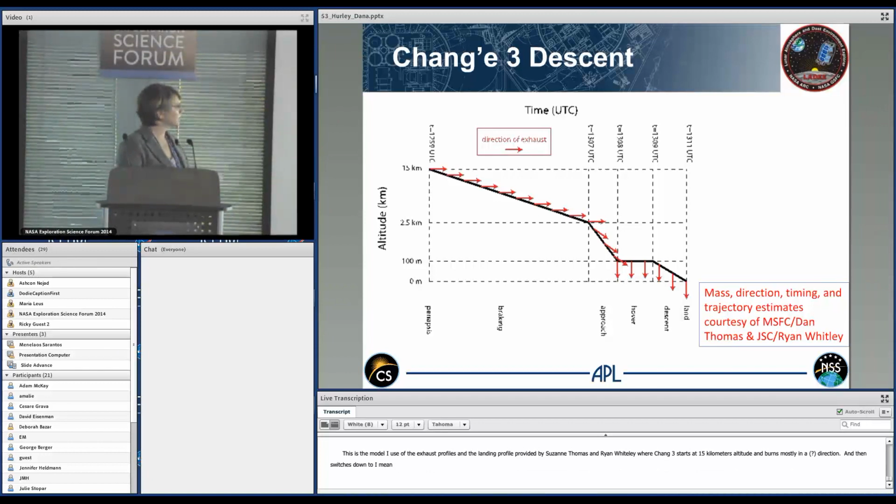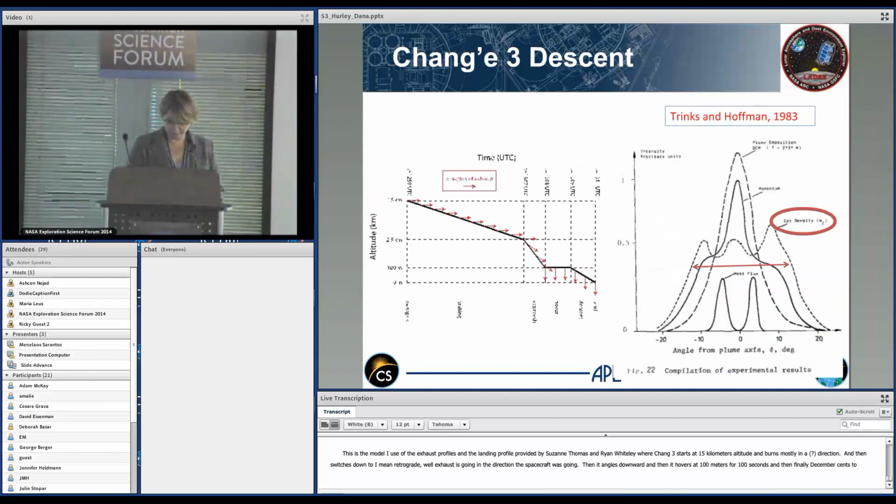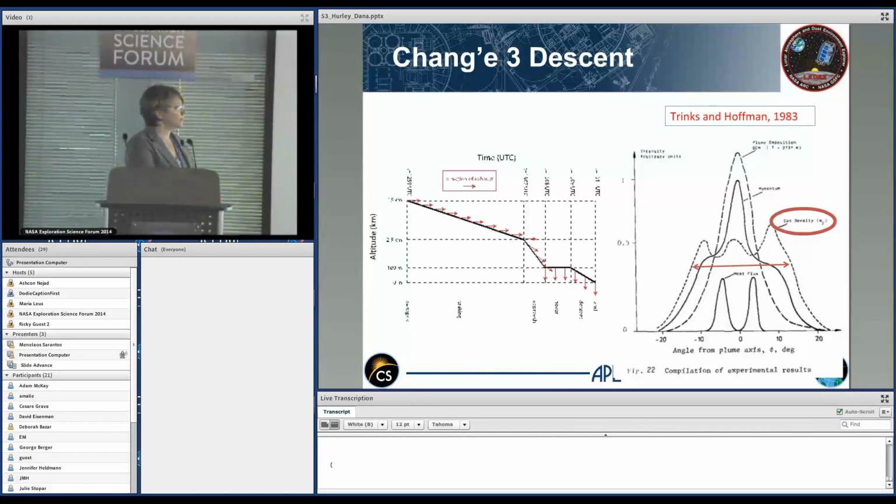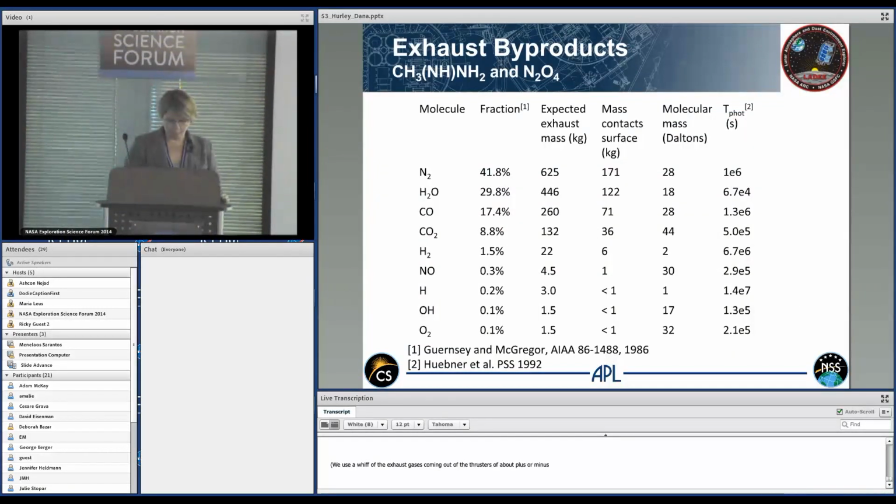Well, the exhaust is going in the direction that the spacecraft was going. Then it angles downward, and then it hovers at 100 meters for 100 seconds, and then finally descends to the surface. And we use a width of the exhaust gases coming out of the thrusters of about plus or minus 12 degrees from the thruster axis.